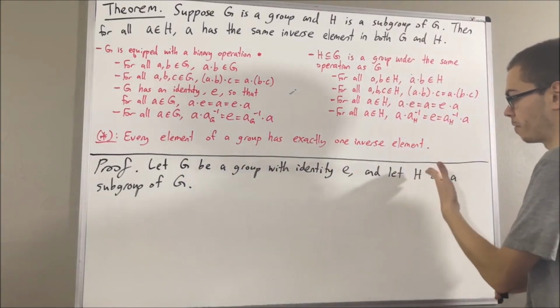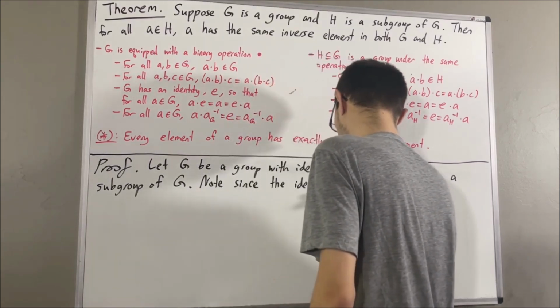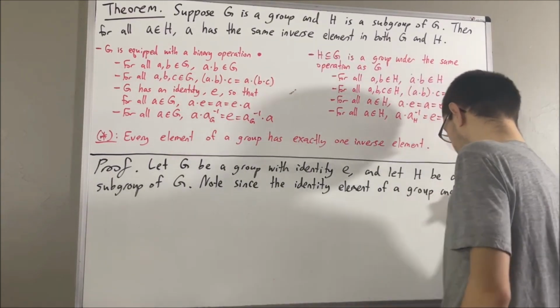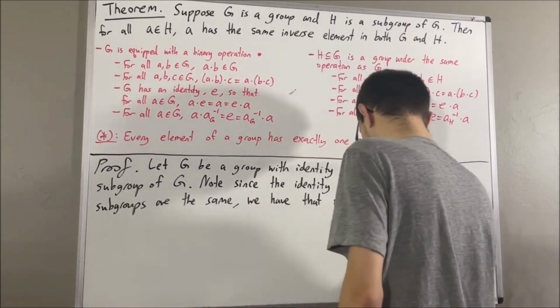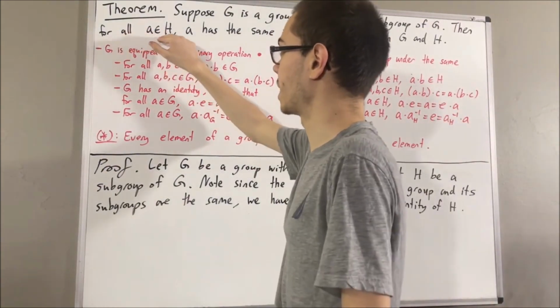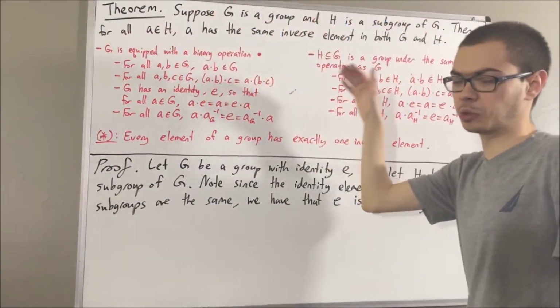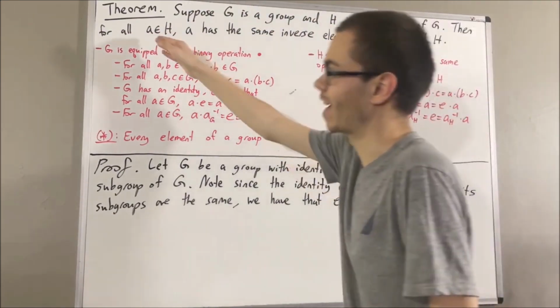So the identity element of H must be E. And so now, let's prove for all A in H, the inverse of A in G is equal to the inverse of A in H. To do that, let's give ourselves an arbitrary element, A in H.